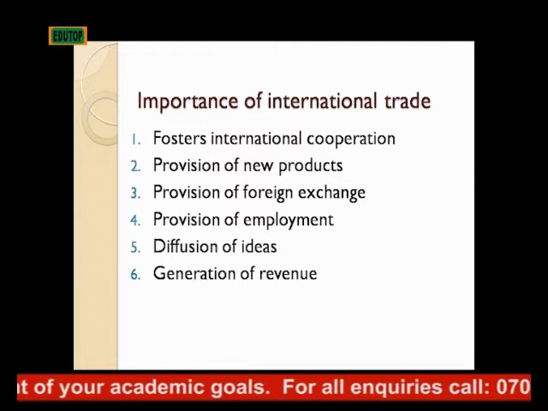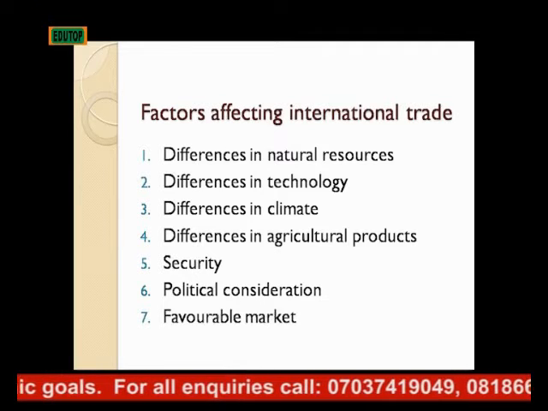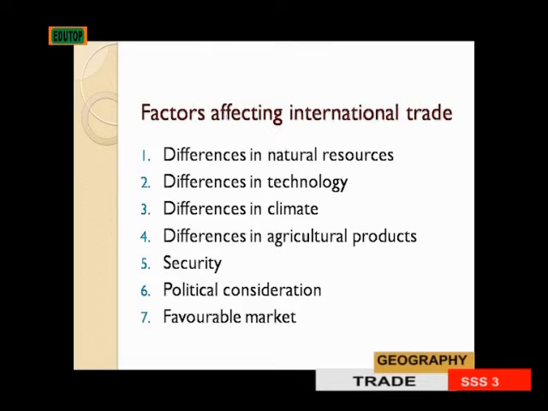However, there are factors affecting international trade. One of these factors is differences in natural resources. For international trade to be effective, there must be a difference in natural resources. If every region has the same resources, then there may be no need for international trade, because what you have in your area is what I have in my area.